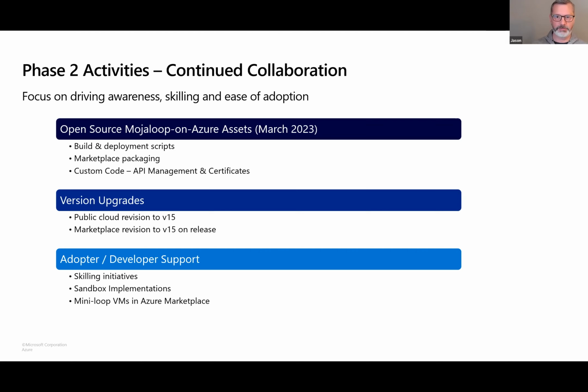That would give 3 grades of deployment. You've got the small level, which is Miniloop on VMs. You've got the scalable version, which is more representative of the full stack, which is the native on Azure. And then obviously, as we look to adoption for on-prem, there's the piece on Azure Stack as well.